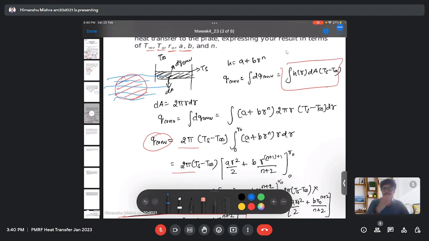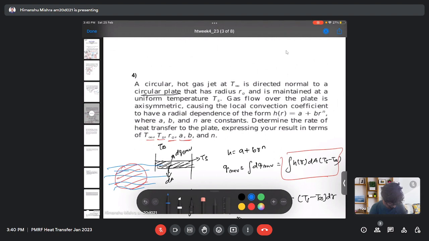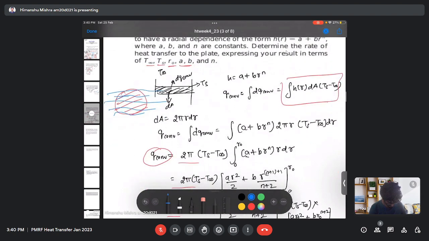The statement says the hot gas jet at T infinity is directed normal to the circular plate. Yeah, so this is my normal.